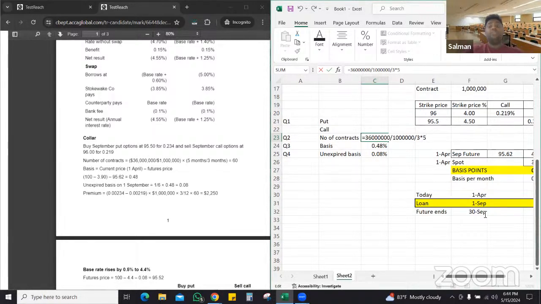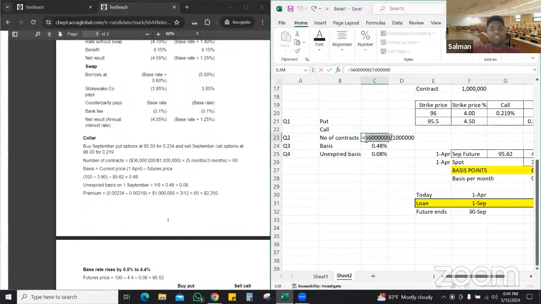So we have to hedge until September, 1st of April to 1st of September, 5 months, divided by 3 months, the maturity of a futures contract. Keep in mind, if we buy only 36 contracts, 1 million is the value of one contract. If we buy 36 contracts, yes, we are hedging 36 million.